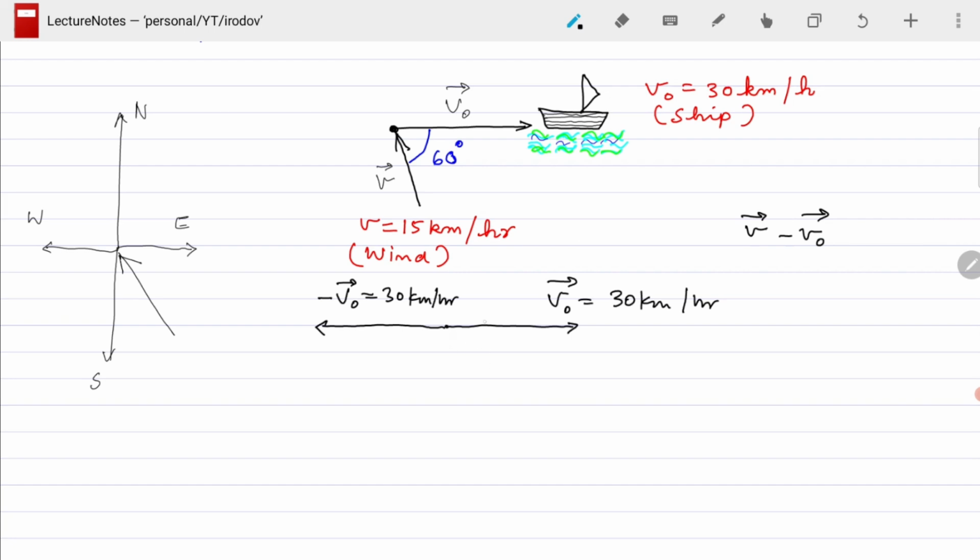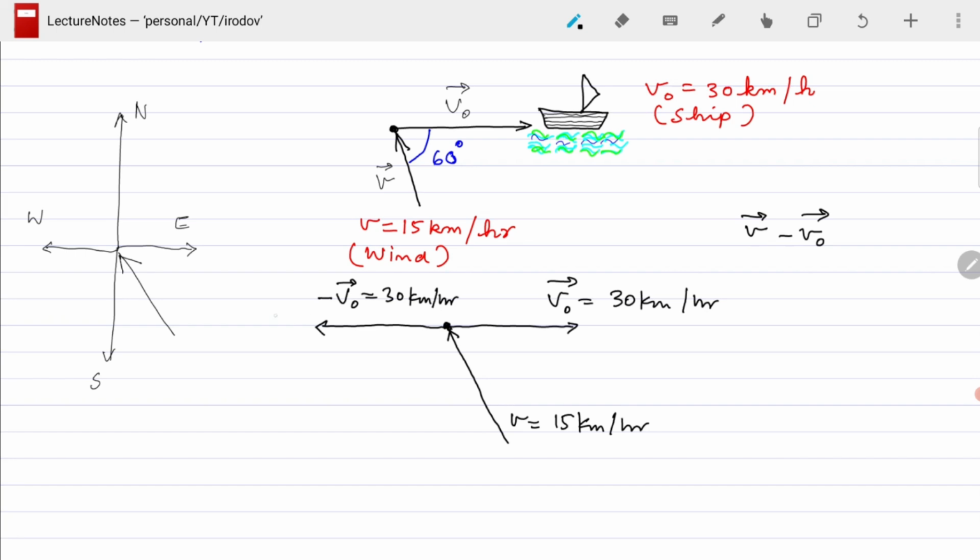So this is the vector V, the wind velocity of 15 kilometers per hour, and minus V0, which has magnitude 30 kilometers per hour. Basically it is the addition of these two vectors, V and minus V0.